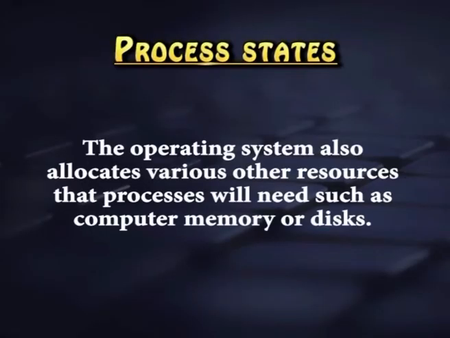The operating system is responsible for managing all the processes that are running on a computer and allocates each process a certain amount of time to use the processor. In addition, the operating system also allocates various other resources that processes will need, such as computer memory or disks.